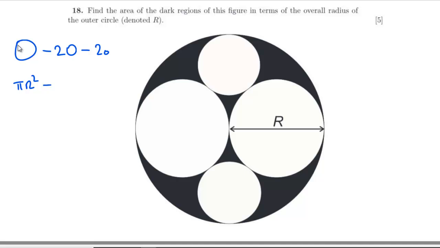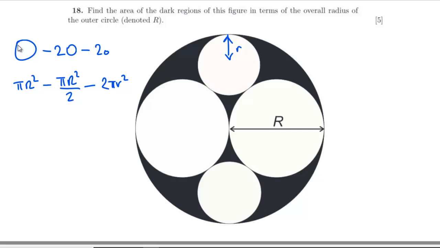The medium circles are each a quarter of pi R squared, so we're doubling that and taking off half of pi R squared. And then we've got 2 of these little ones. Let's call the radius little r, and we can say we've got 2 pi little r squared we have to take off.